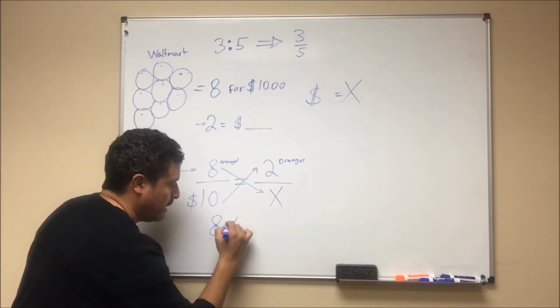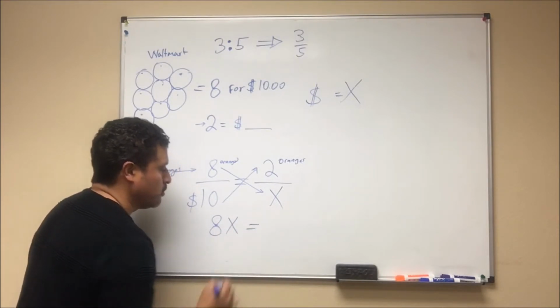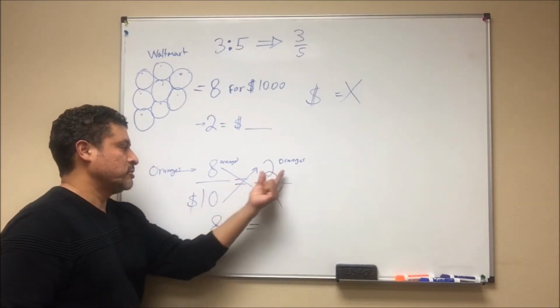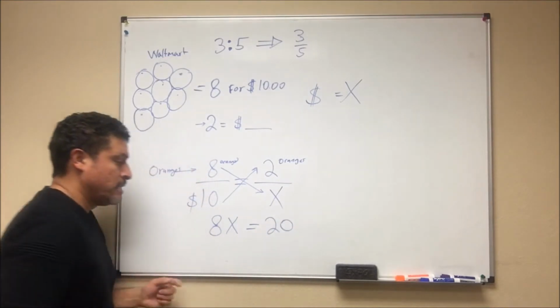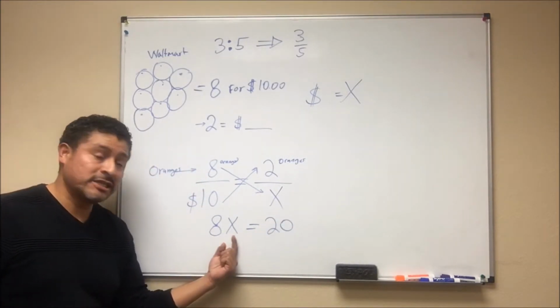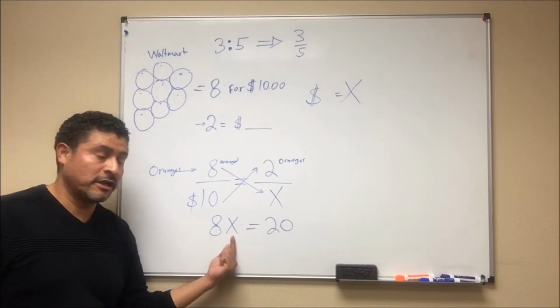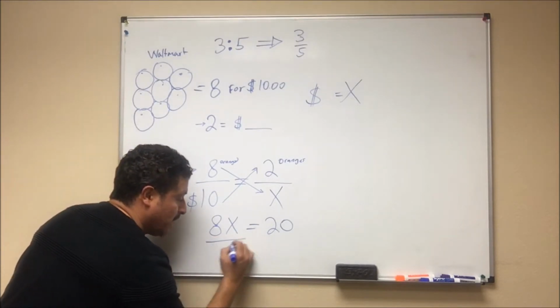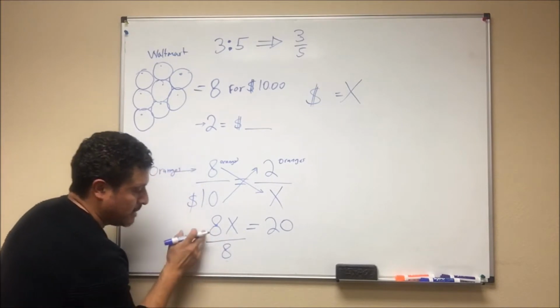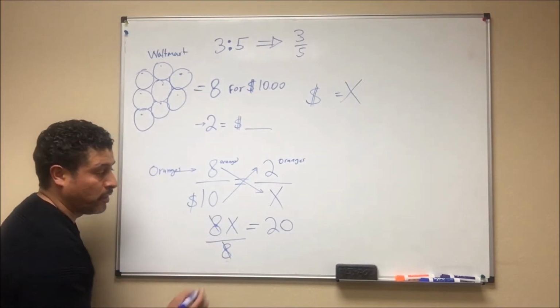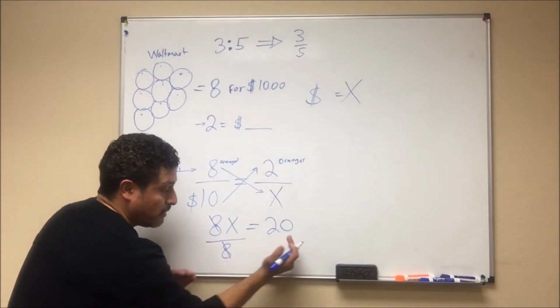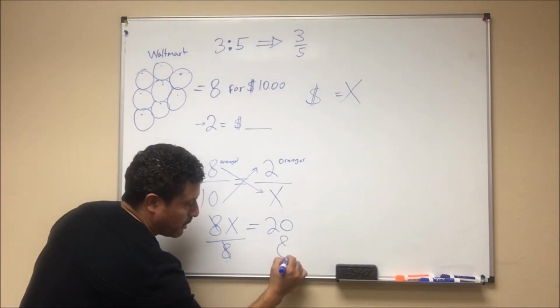So it would be 8x equals $10 times 2, it becomes 20. Okay? Now, to isolate the variable by itself, you can actually divide by the same number, and it'll get rid of it, or it'll convert it to 1. But whatever you do to this side, you have to do to this side. So you have to put an 8 here.